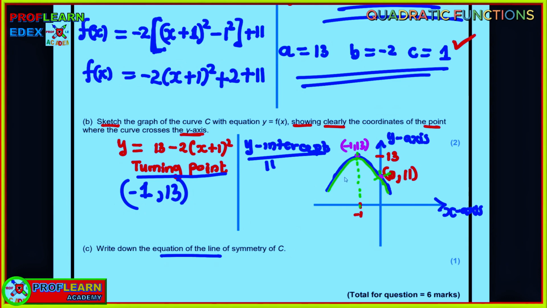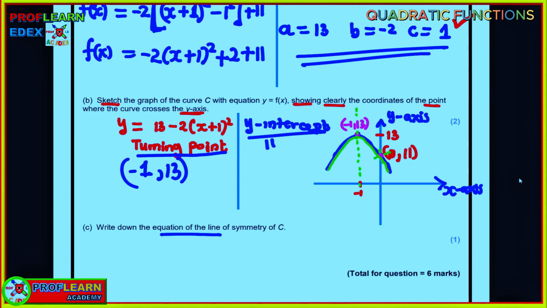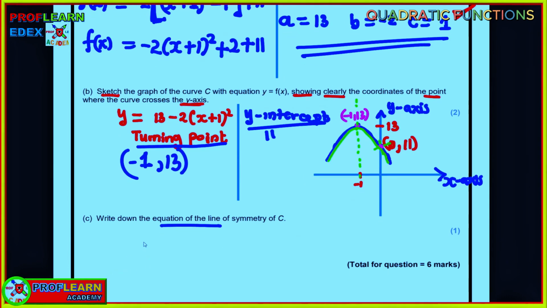This line that passes through that point is called the line of symmetry. So this line of symmetry can be written as x equals -1.